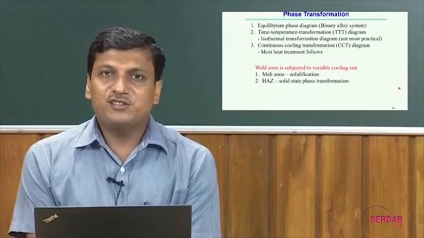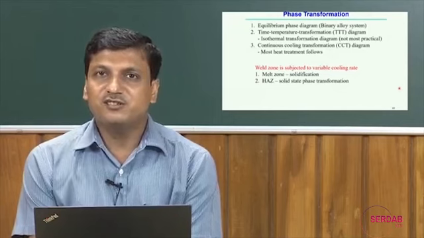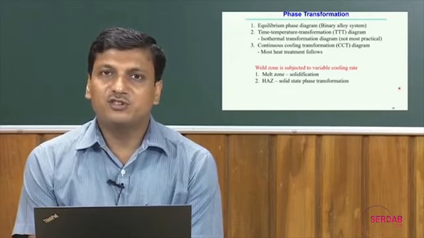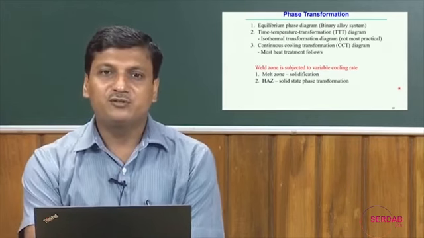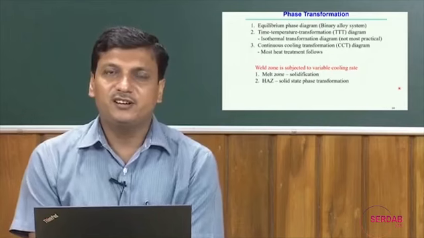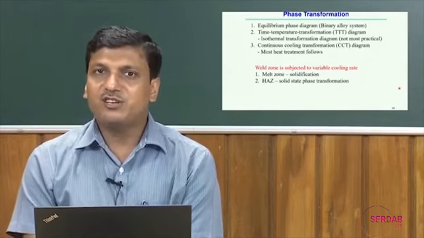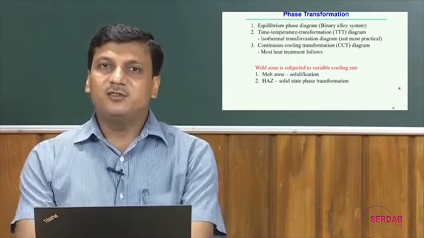The equilibrium phase diagram is mainly to know what phases are present, but the time temperature diagram is the transformation of the phase at constant temperature, which in most cases is not practical, because practically the transformation does not happen at a constant temperature, rather there is a variable temperature.